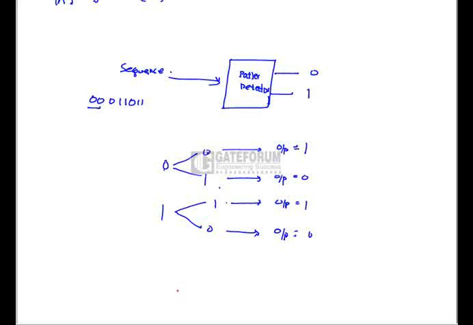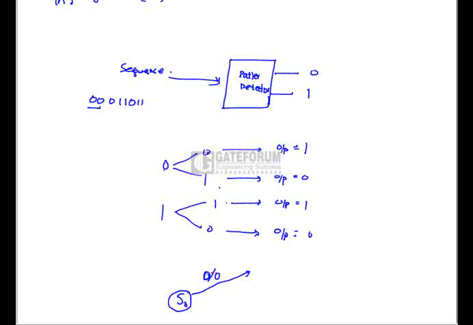Suppose it is implemented with a Mealy machine, meaning the next state depends upon the present state as well as the input. So suppose 0 is the bit in the sequence and 0 is the output.